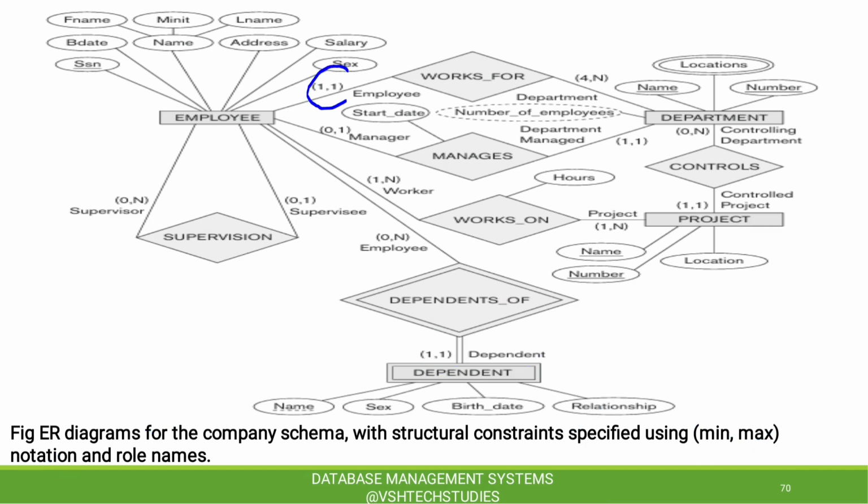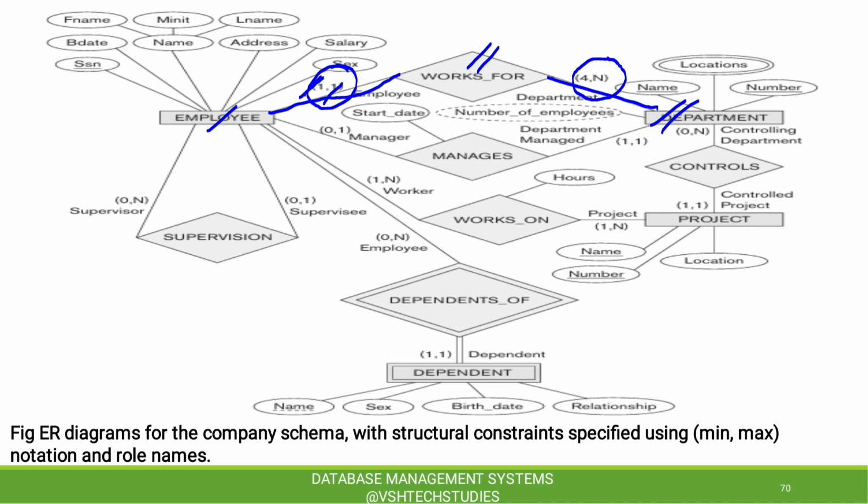Here min-max pair 1, 1 is written on the line joining employee entity with works for relationship. So minimum 1 indicates that employee can work for minimum 1 department to the maximum 1 department only. This side min-max pair 4, n is written on the line joining department entity with the same relationship works for.